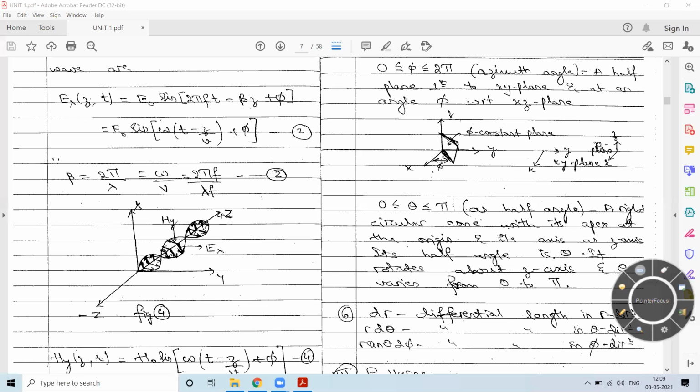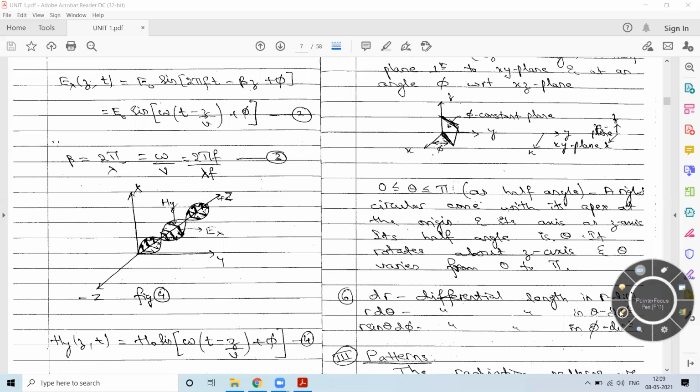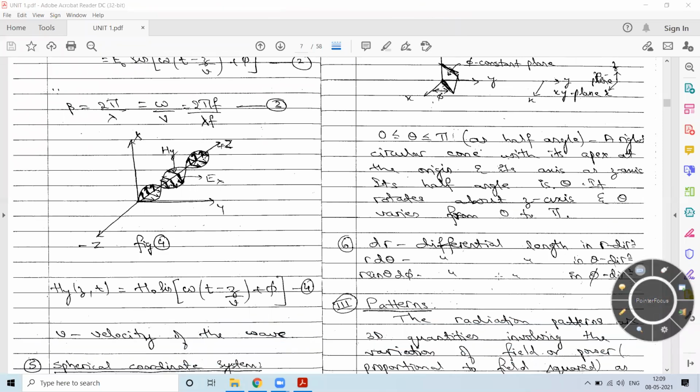Apart from that, we have to know what is meant by differential length along each direction. Along the r direction, the differential length is given by dr, and the differential length along the theta direction is r d theta.